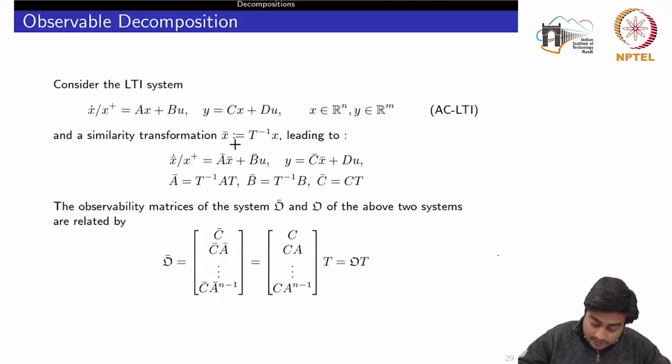So if my LTI system is observable, meaning the rank of this observability matrix is n, then post-multiplying with a non-singular matrix would not change the rank of O bar. So it is invariant under any similarity transformation.